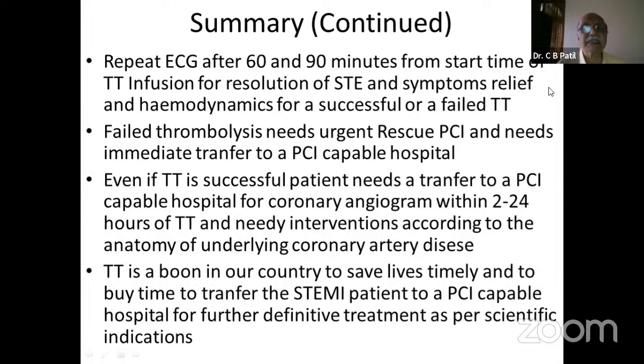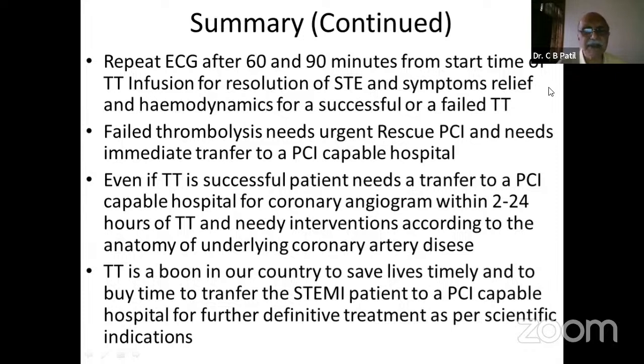Even otherwise, if there is a successful thrombolysis, ST resolution has occurred, and definitely symptom relief is there, the patient is stable, still within 3 to 24 hours, kindly shift to a PCI facility center just to know the underlying anatomy, and whether there is any significant underlying coronary artery disease.